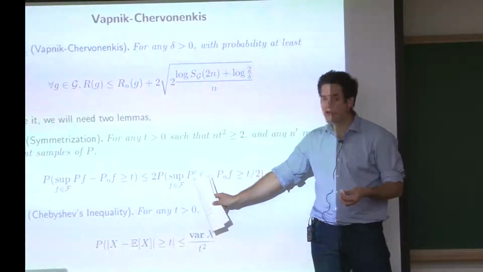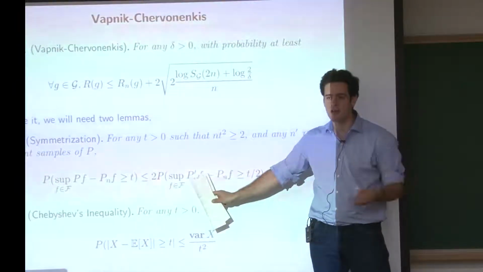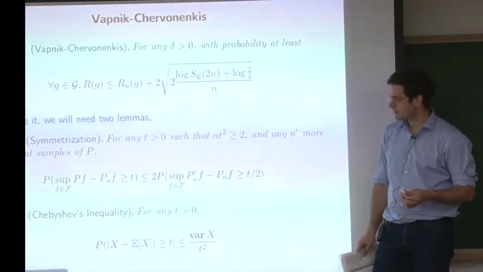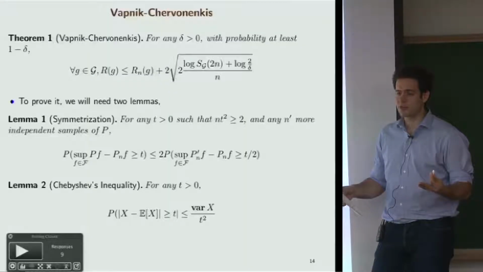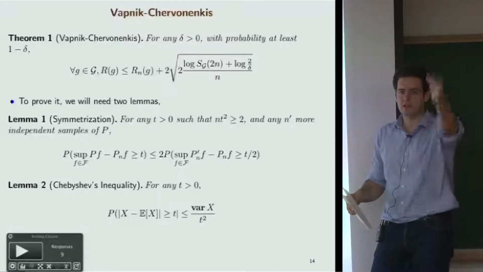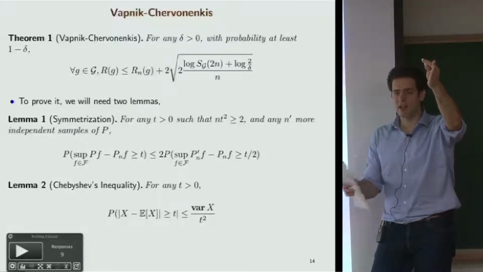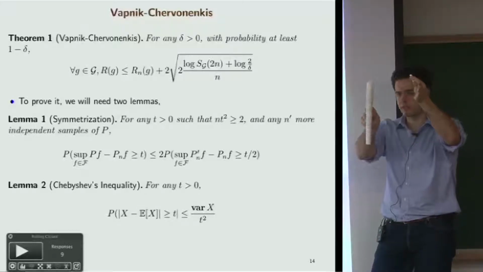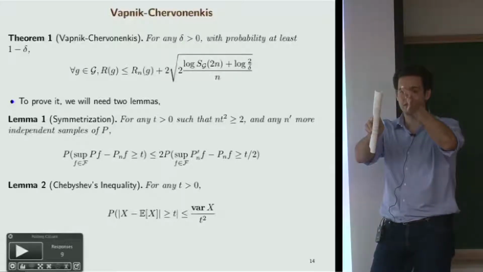This is called a ghost sample. It's a second sample that we consider, minus Pn of f. So what we're doing is the following. Suppose that I have the true P of f somewhere. I have one sample of size n. The difference between P of f and Pn of f, the probability that this is bigger than some t.